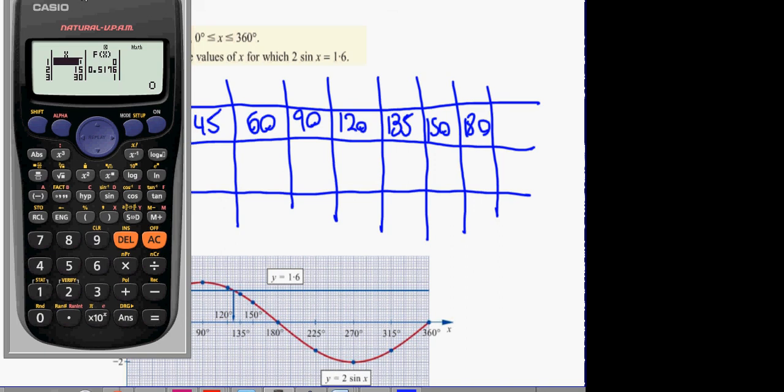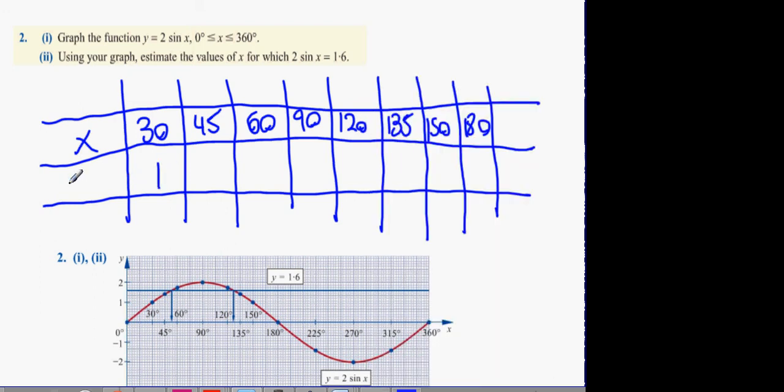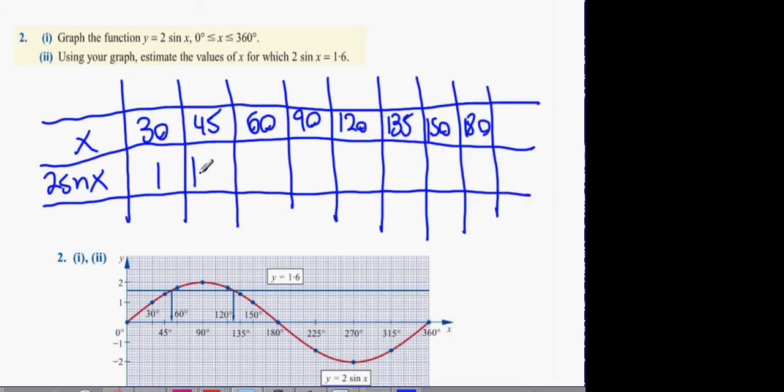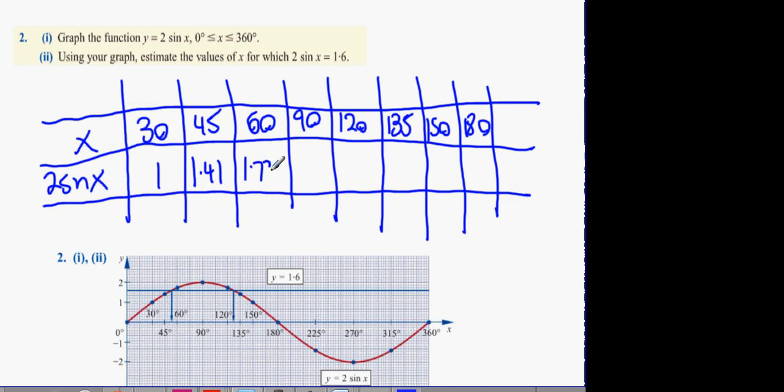Now look this time, guys. 30 is what value? 1. Will somebody get that up on their calculator for me, so we can take off the answers, it's just easier. 45 is 1.41. 60 is 1.732, you got it, James. 90 is 2.